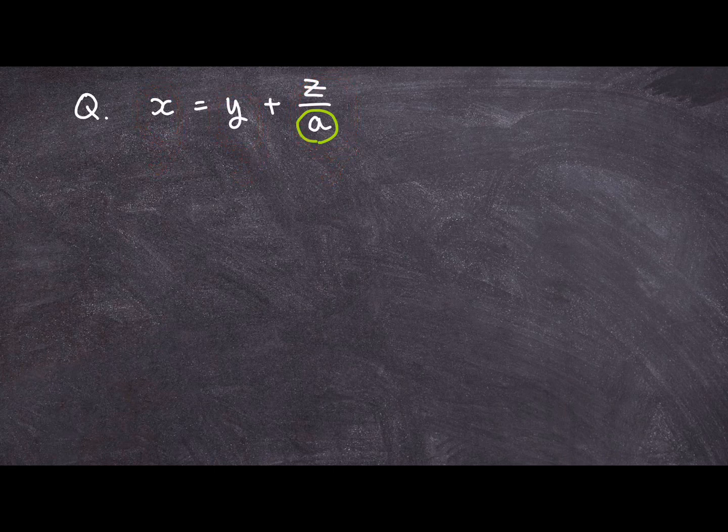So let's go ahead and multiply a to every variable that's present in my expression. If I do that, I end up with ax on the left side of my equation, and then on the right side of the equation, I have ay, and for this, I can eliminate a and end up with just z.